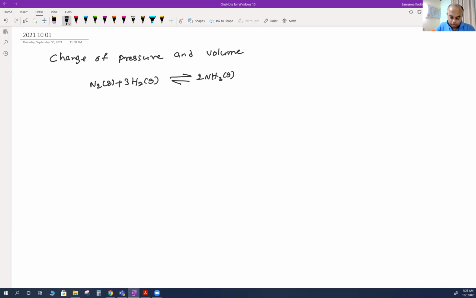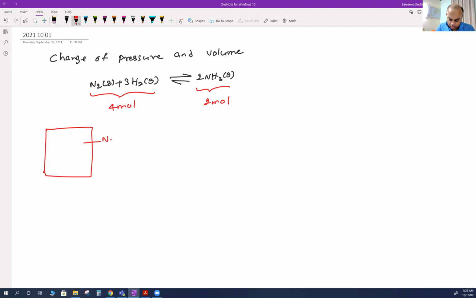So we know on this side, 4 moles of gas are there. Here, 2 moles of gas are there. 4 and 2. I have taken this just for explanation purposes. Let's say this is in a closed container.